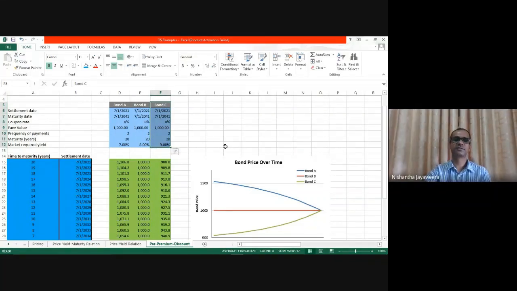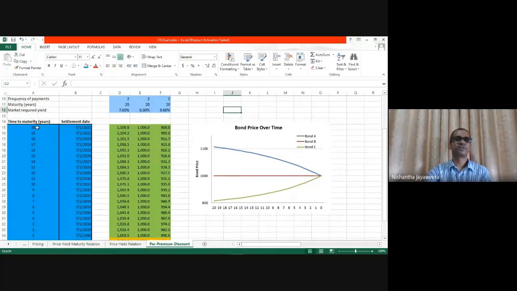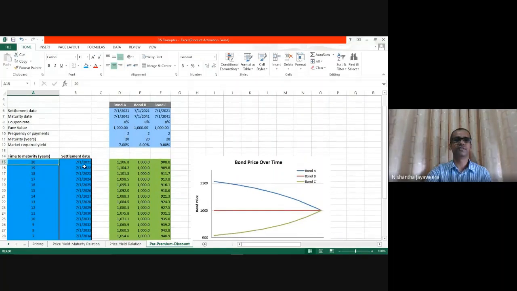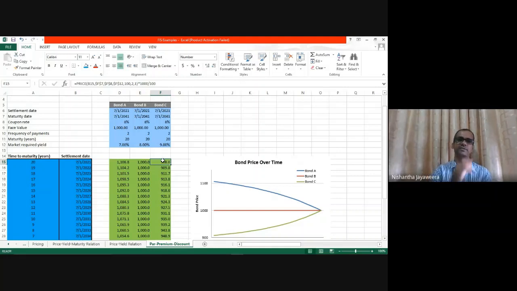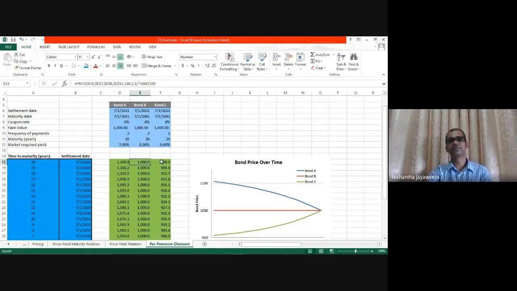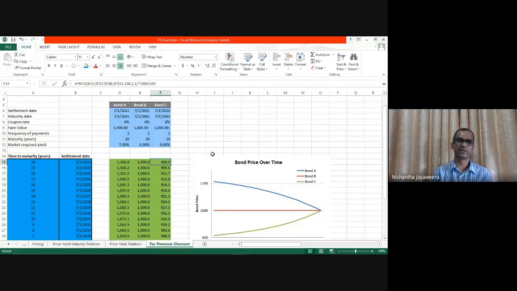So what I have done here is different times to maturity. At the beginning, when the settlement date is this, we have 20 years. So I have priced the 3 bonds on that date as of July 1st. You can see the price is above par. This is at par. This is below par, so at a discount.